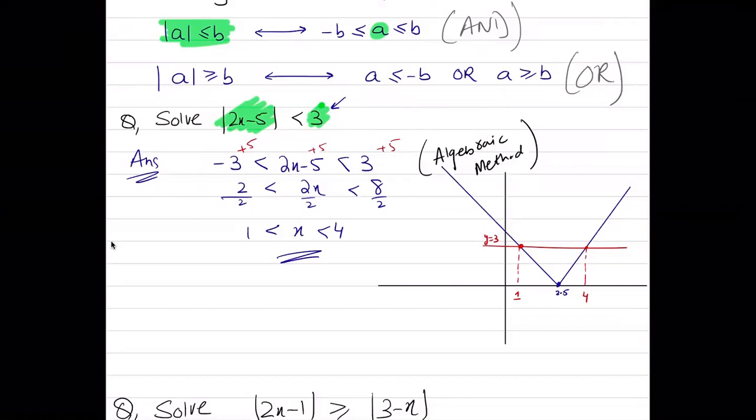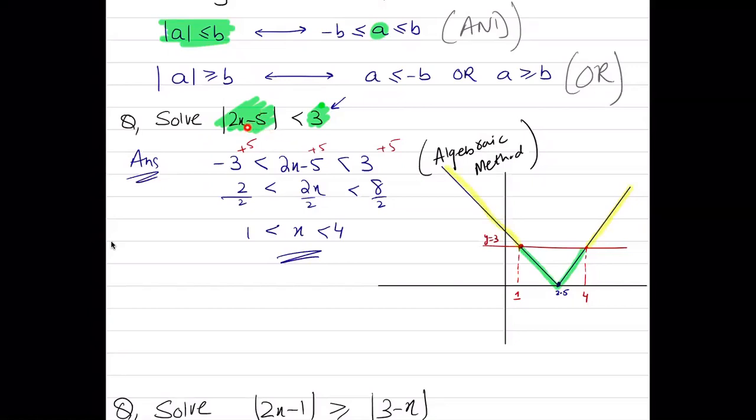Now, this was your modulus graph, and that's your y equals 3 horizontal line. You want the modulus graph to be less than 3. So where is your modulus graph less than 3? It's over here and over here, right? And if it was greater than 3, then it's greater than 3 over here and over here.